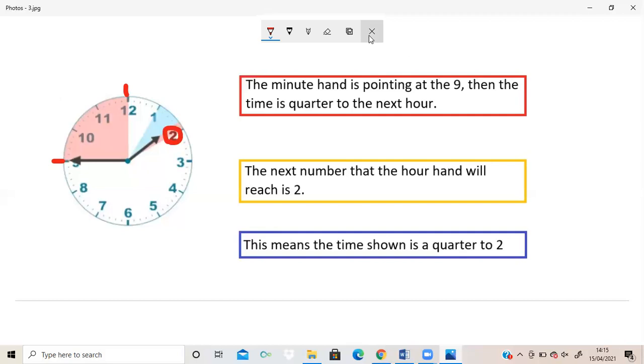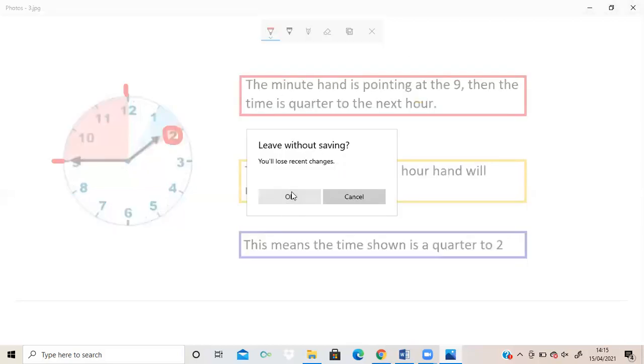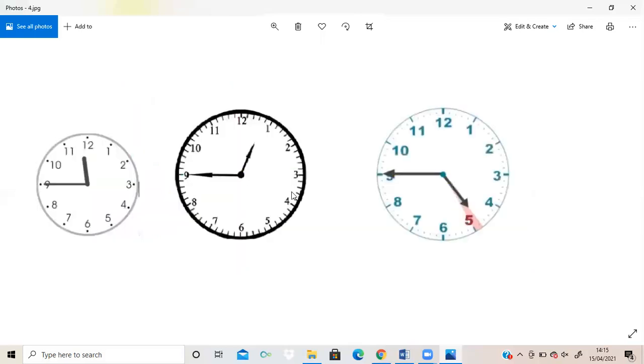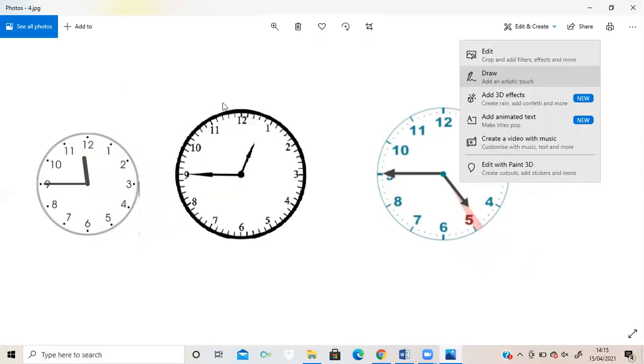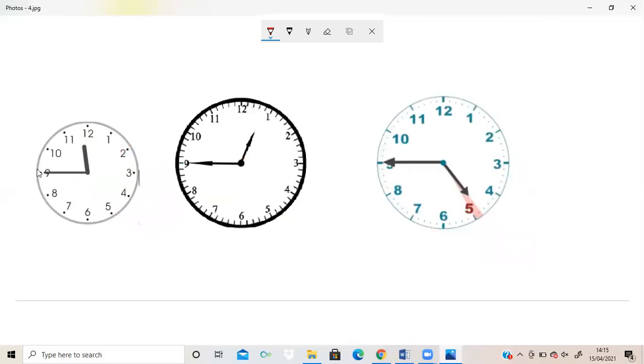Let's go to the next page, where you can practice more activities, which will help you understand quarter to. In the first picture, you can see the minute hand as usual is on 9, and the hour hand is before 12. That means the hour hand's destination is 12. Let me circle this one. And the minute hand is pointing at 9.